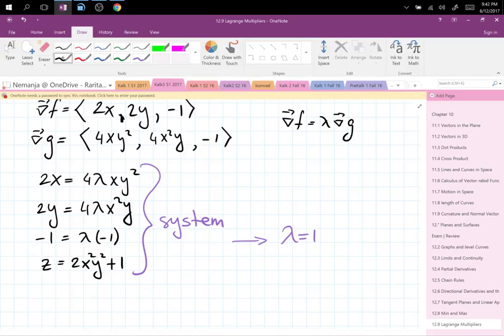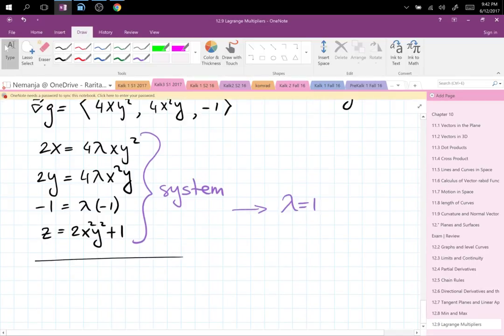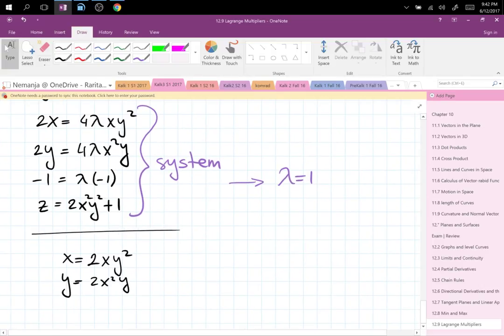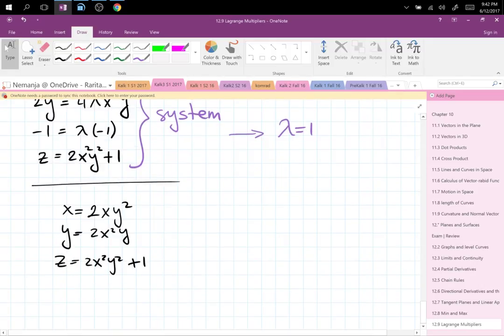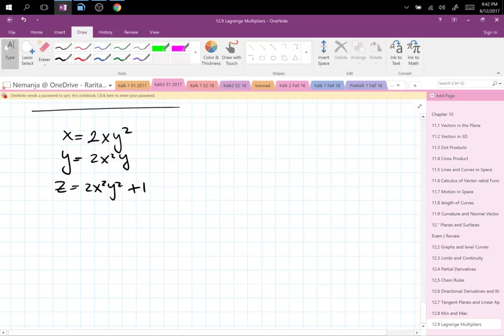That simplifies your system. You can also cancel by 2 the first 2 equations. And then we'll think about zeros and stuff. So 2x y squared, y is 2x squared y, and z equals 2x squared y squared plus 1. So now this is the new system simplified. And now you say, is it allowed for x and y to be 0?